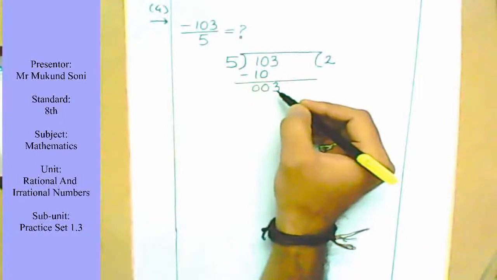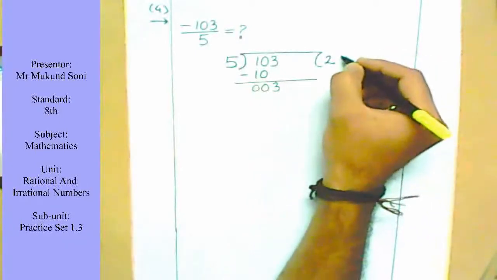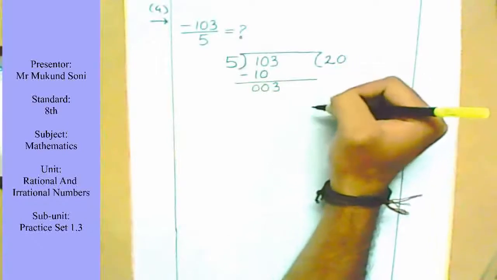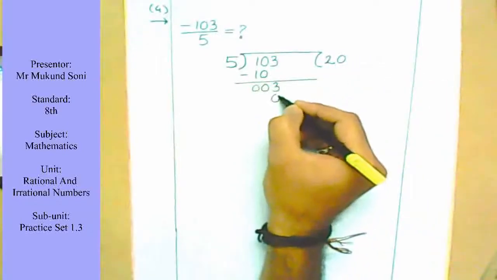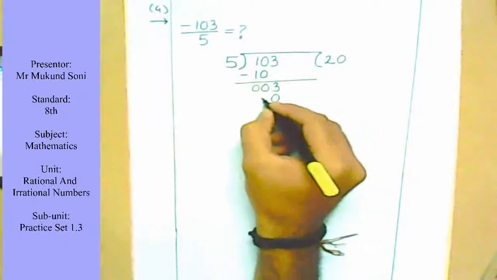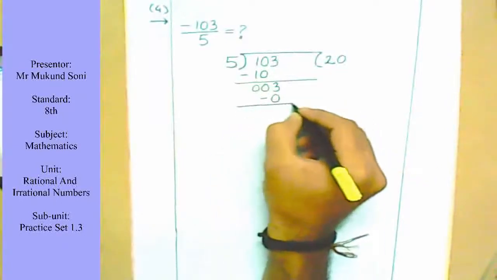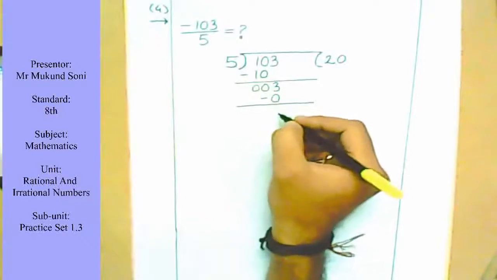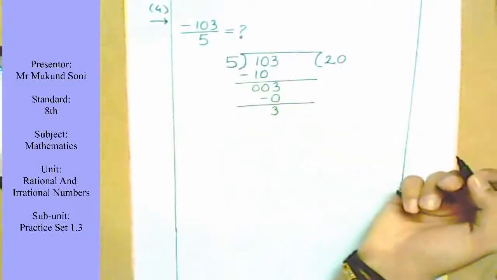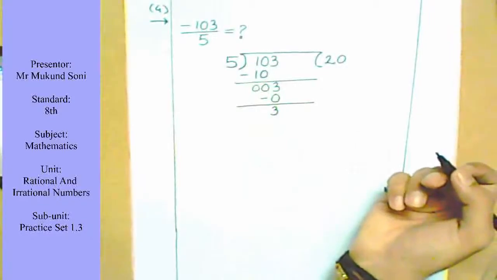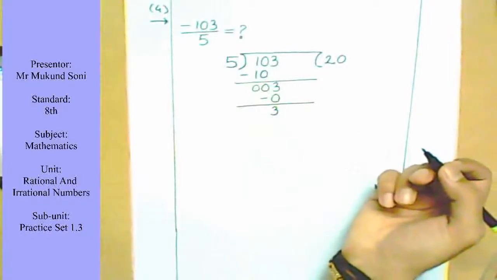No, there is no number. So we should put 0 in the quotient. Same 0 below the 3, and do the subtraction and find your remainder. As we know, if we subtract anything from 0, the number remains as it is. Now, there are no more digits to take down.